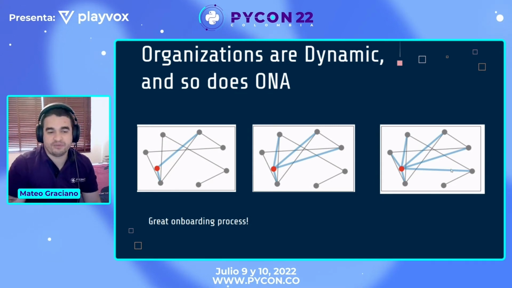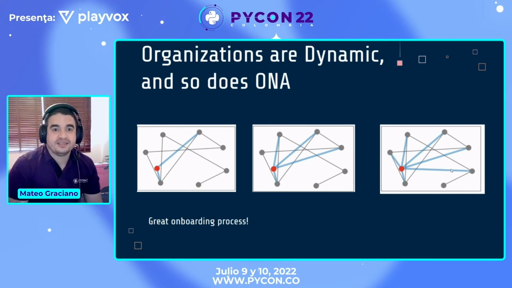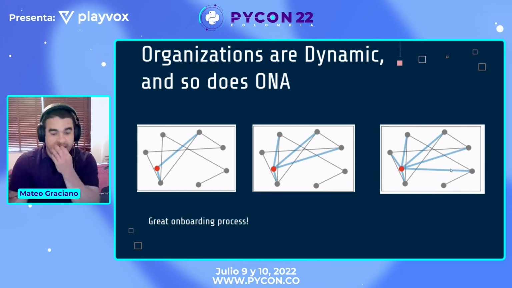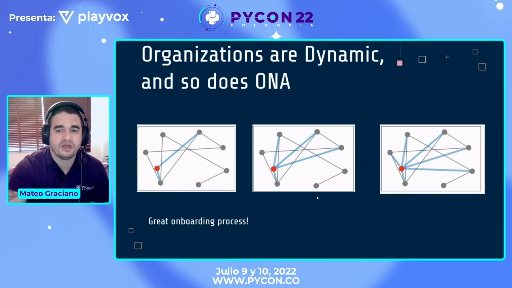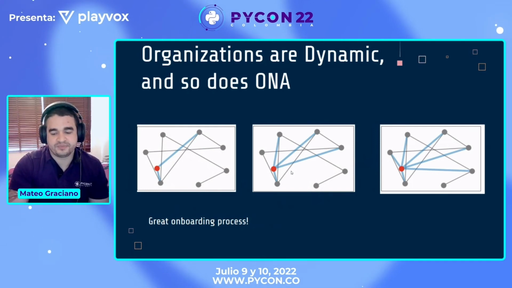So again, you can use organizational network analysis to help you with things at the beginning or at the end of the employee life cycle. You can work with this on the onboarding process and also on the last part of the employee life cycle.